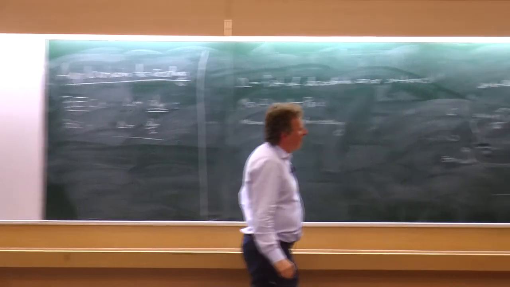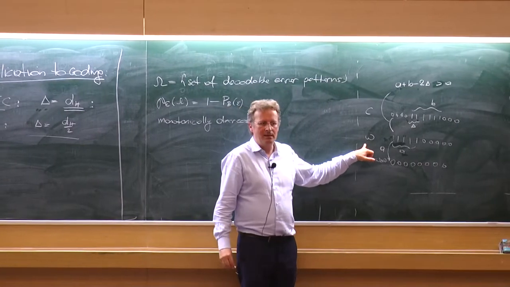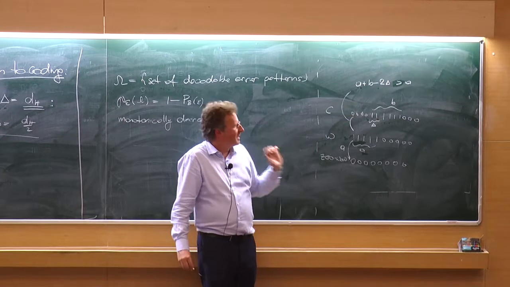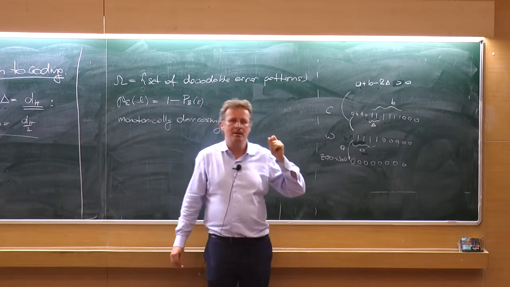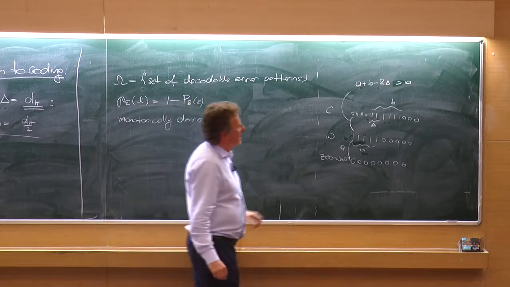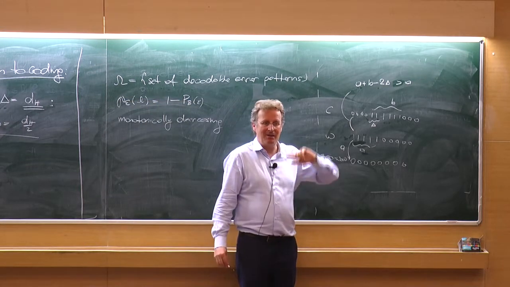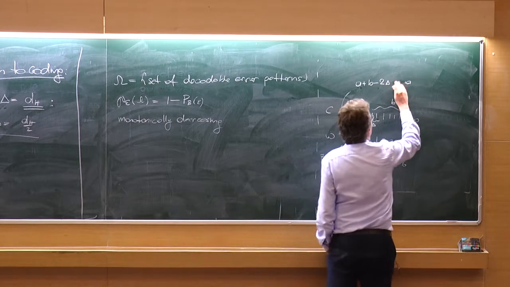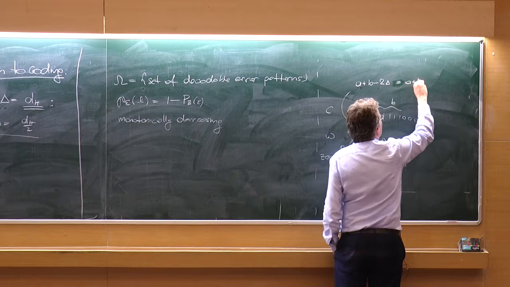So what does it mean for a point to be on the boundary? It must still be in the set, but there must be a way to flip something from 0 to 1 such that when I flip it, suddenly something else is closer. For example, let's assume that this distance here is equal to a plus 1.